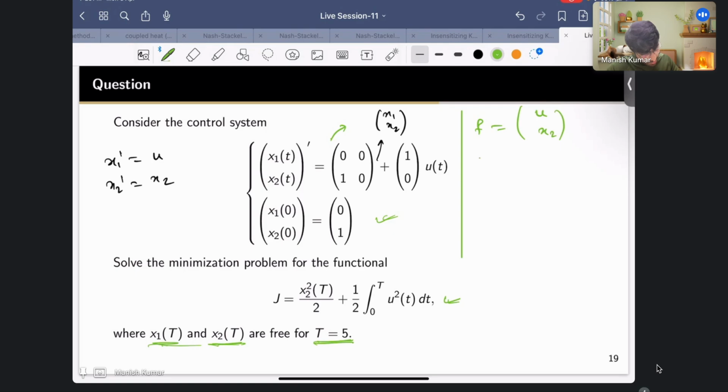And capital F, and S of x1, x2 is 1 by 2 x2 square, and capital F is half u square. Correct? So we have this.